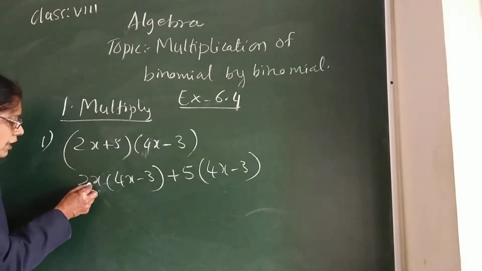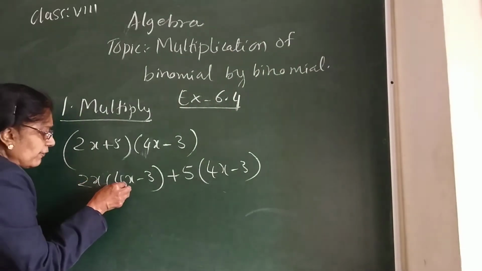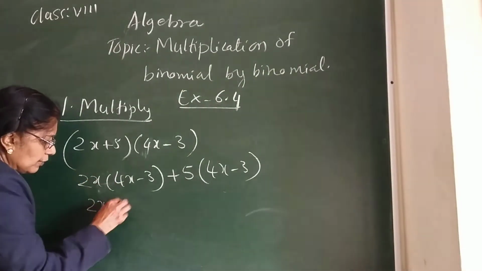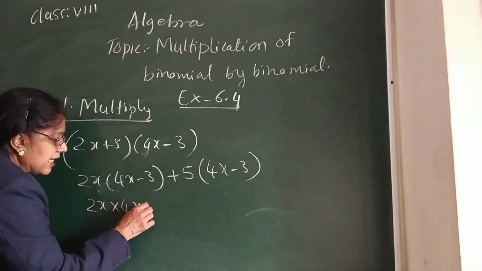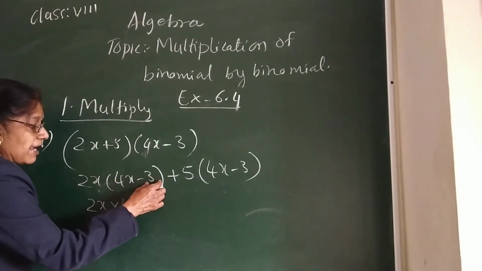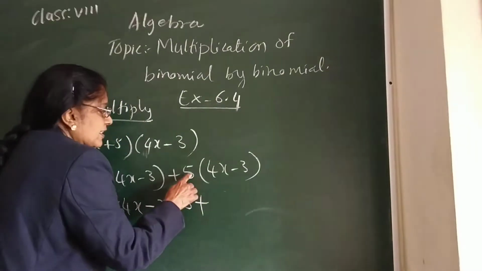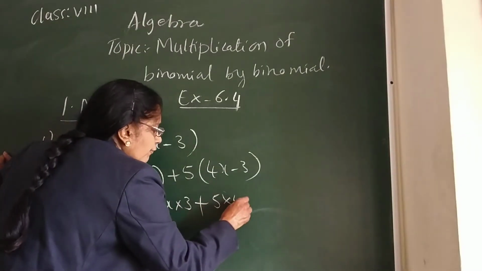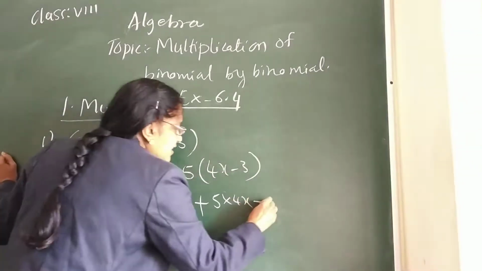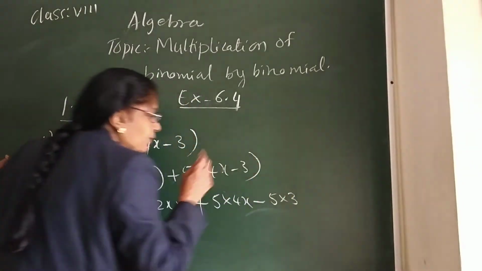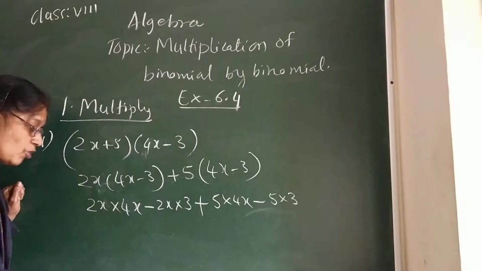Now what will we do? 2x should be multiplied with 4x. So 2x into 4x. Then what sign is there? Minus. Again 2x should be multiplied with 3. So 2x into 3. Then what sign is there? Plus. 5 into 4x, plus into minus is minus. 5 into 3. Again monomial into monomial.